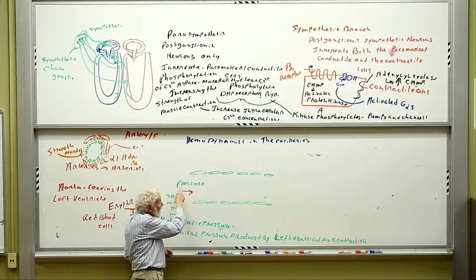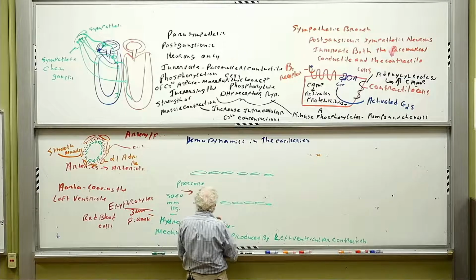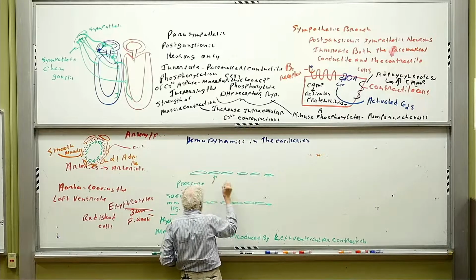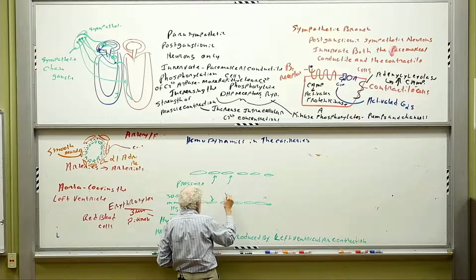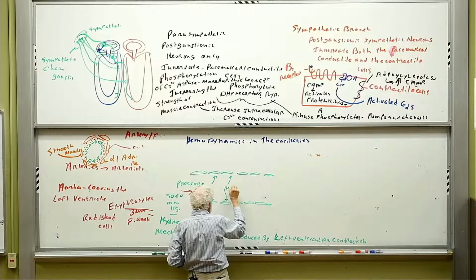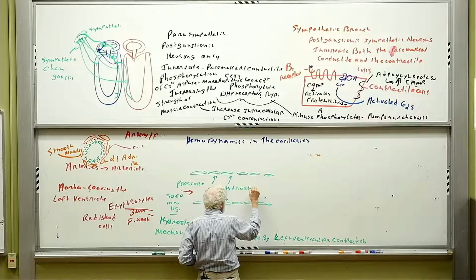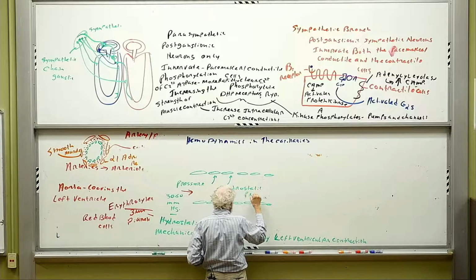And by the time we get down into the capillaries, we're down to 30 to 50 millimeters of mercury, but yet still there is a sizable pressure against the walls of these vessels. This is a hydrostatic pressure.